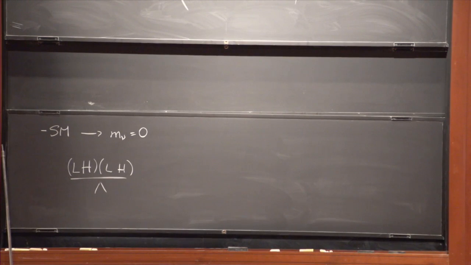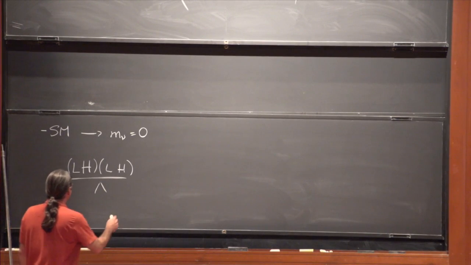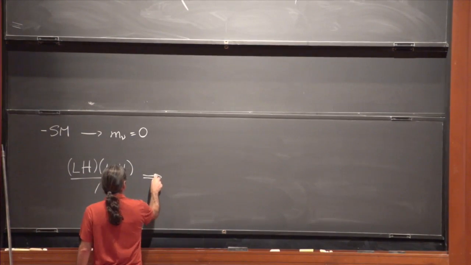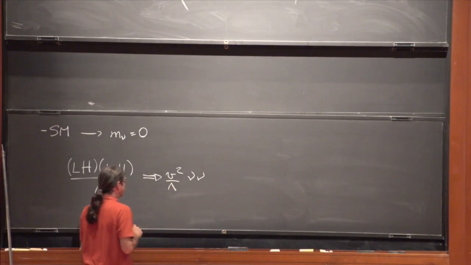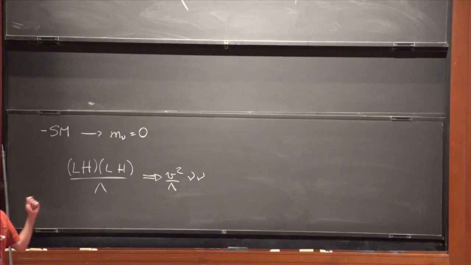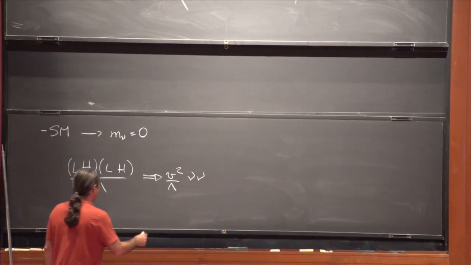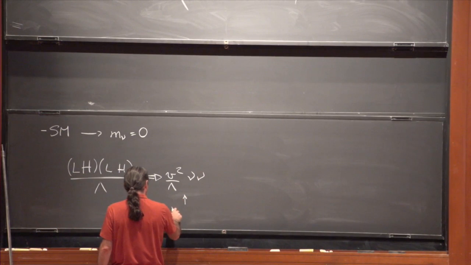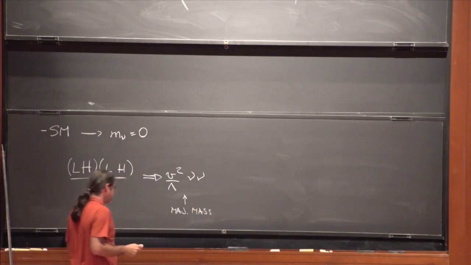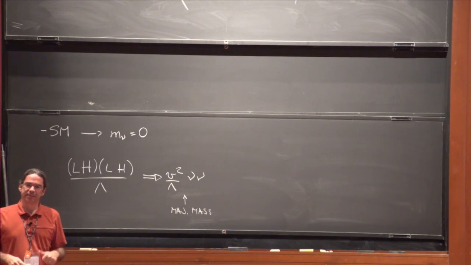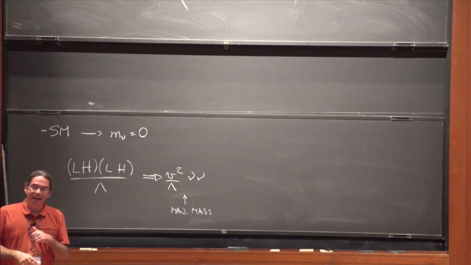You can then ask yourself, if this scale lambda is very high, what does this operator do at low energies? And at low energies, after you break electroweak symmetry, this looks like a v squared over lambda, neutrino, neutrino. And this is a neutrino Majorana mass. This is very interesting because I didn't do very much.